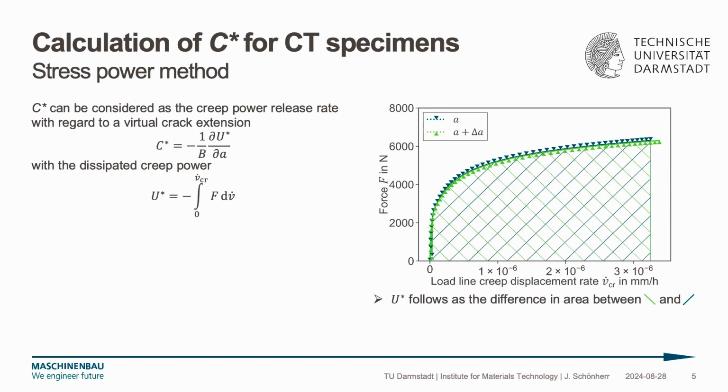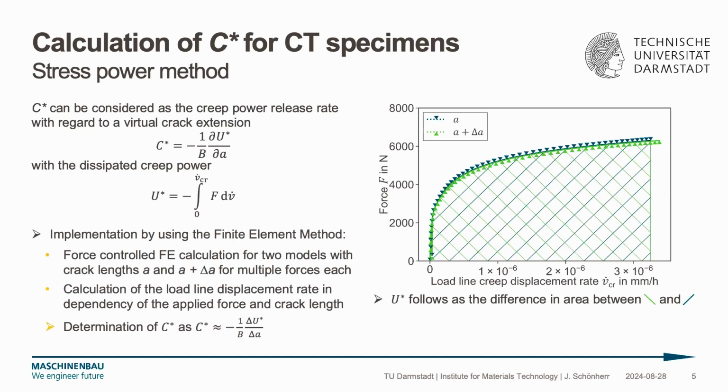Therefore you can do a finite element solution for a crack length a and a second crack length incremented by delta a, and obtain these force over load line displacement rate curves. The area in between these curves, which is pretty small as you might imagine, gives you a direct C star integral with the surface that got freed by extending the crack.